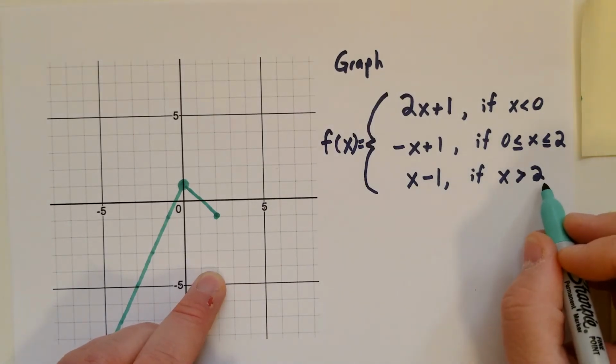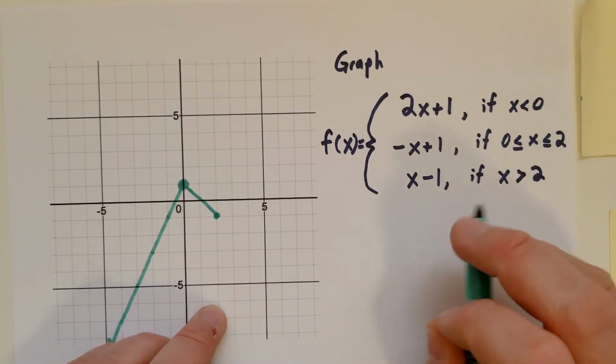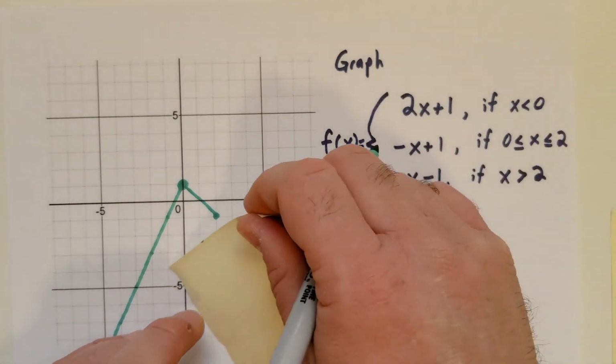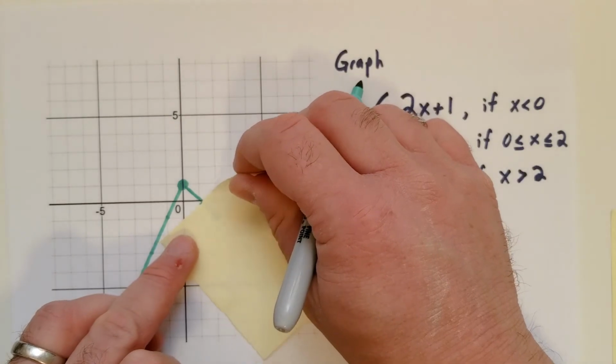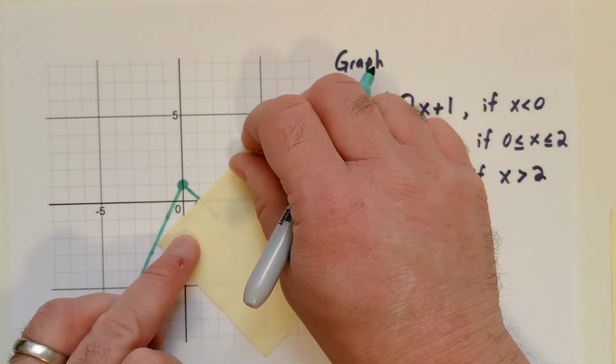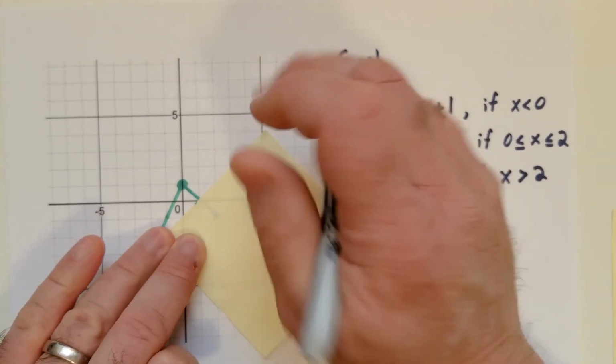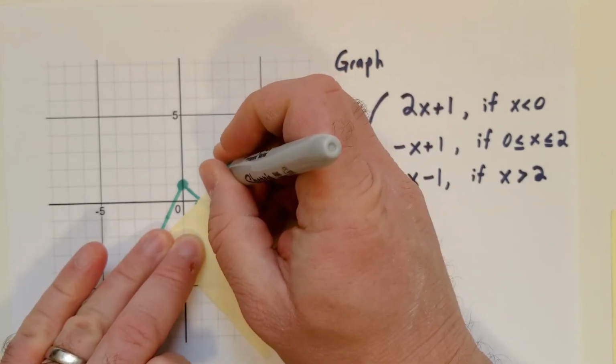Now beyond 2, we're looking for x minus 1, which means that the y-intercept is -1, and the line has a slope of 1. But again, we're only going to start graphing it after 2.